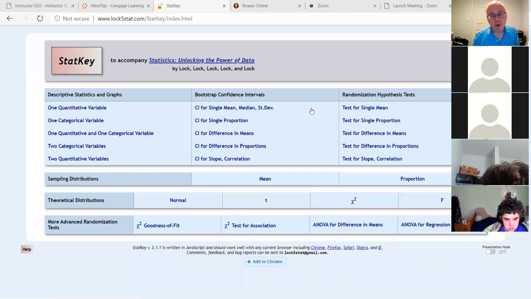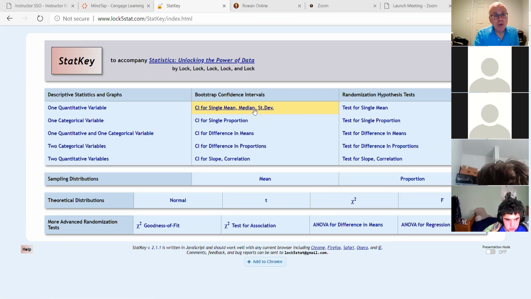Instead of using those formulas, and that's why I showed it to you, I want you to compare what we're doing to what I just showed you. Instead of using those formulas to create confidence intervals, we're going to use this thing called a bootstrap confidence interval, which was described a little bit last time in that second video.